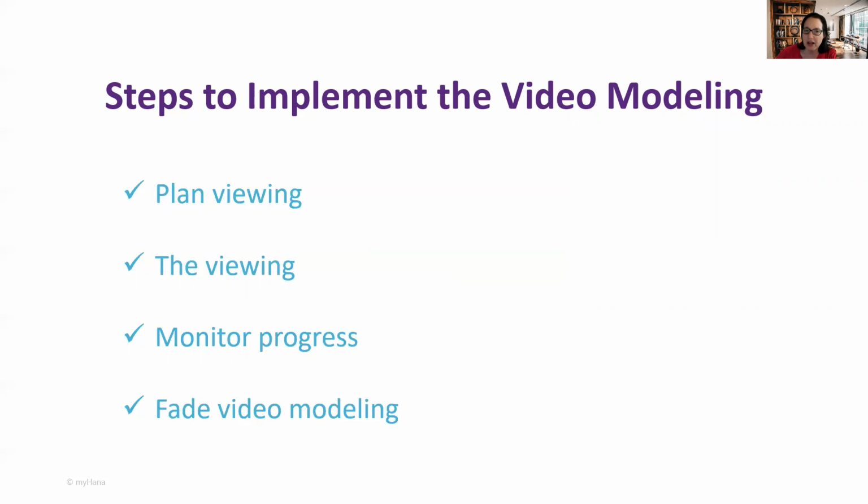Some kids might need to have prompts or rewards to sit and watch the video. So after viewing the video model, a lot of times or a few sessions, the student with ASD can be directed to perform the skill as it would naturally occur. It's a good time to show the video model right before you want them to do it.